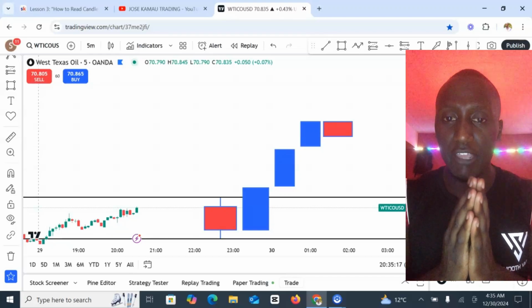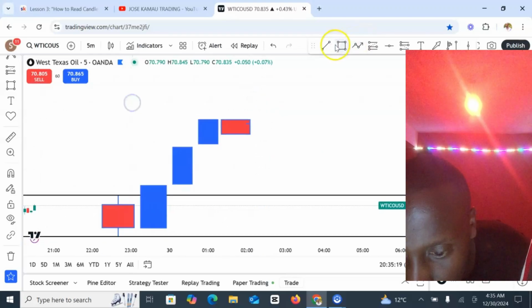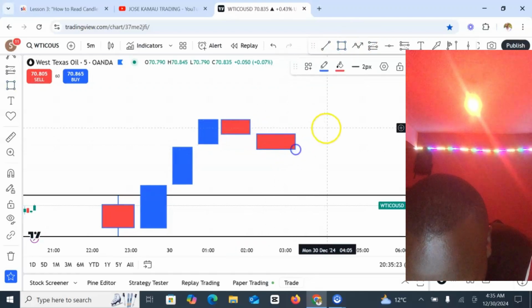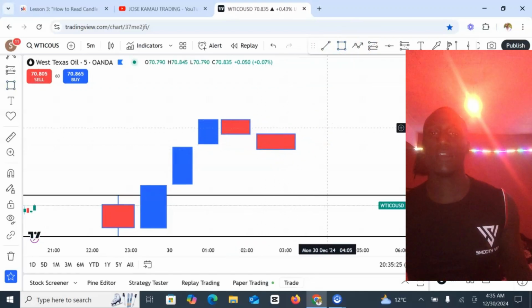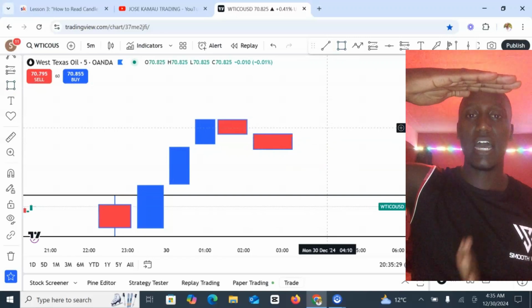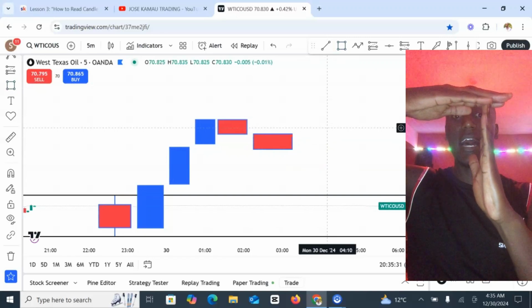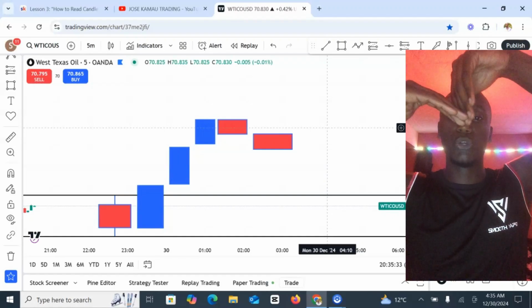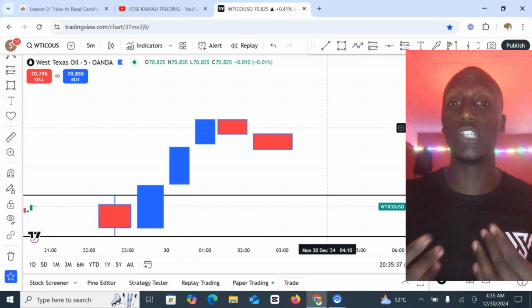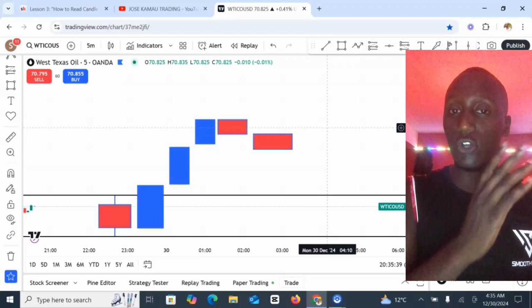Because if price breaks below this candle to the downside, then we have strength coming in. So we have reached our resistance and we are being pushed down aggressively. So it's time to exit our position before we get stopped out.